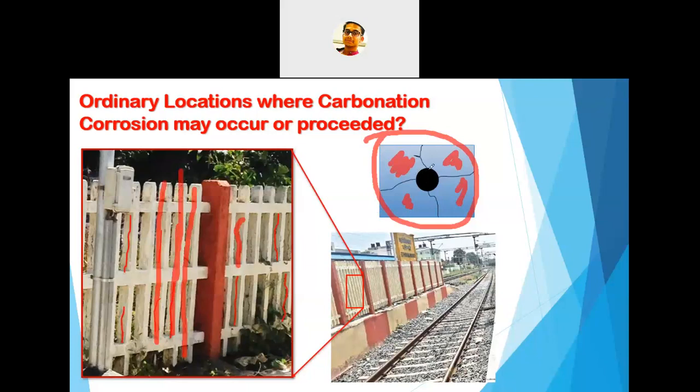That rebar corrodes and expands, eventually forming these cracks. The cracks that you are watching here may be in this direction, or here, or here also. These types of cracks are forming due to carbonation-induced corrosion.